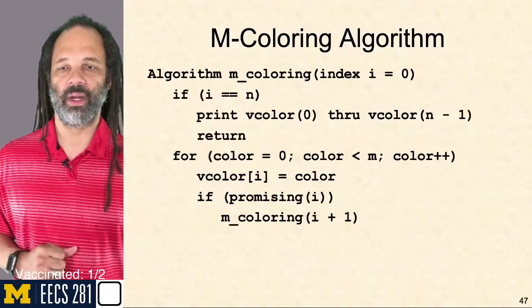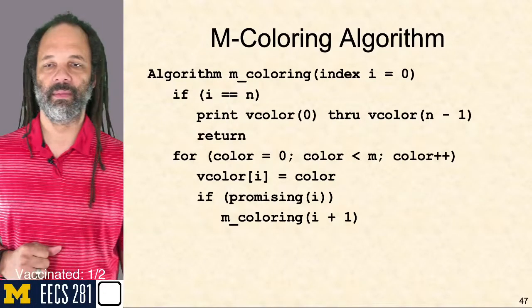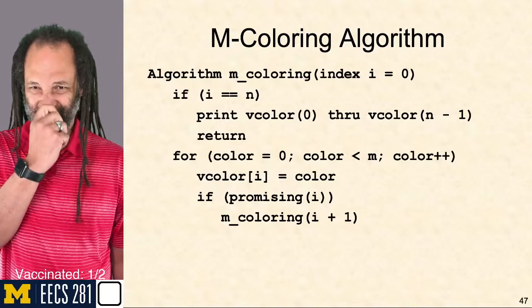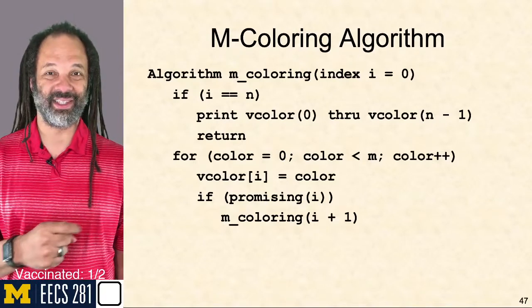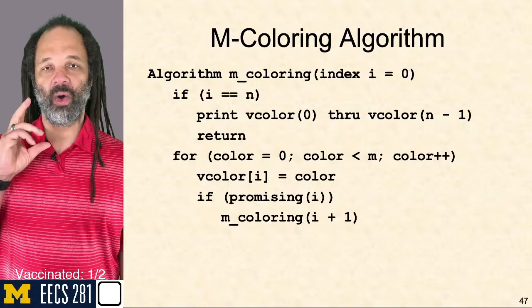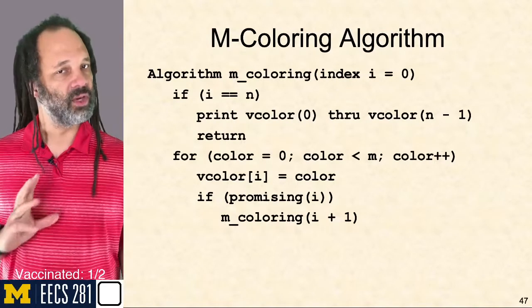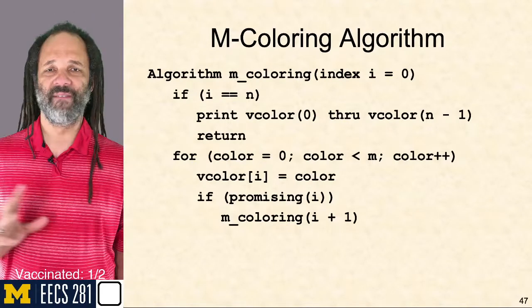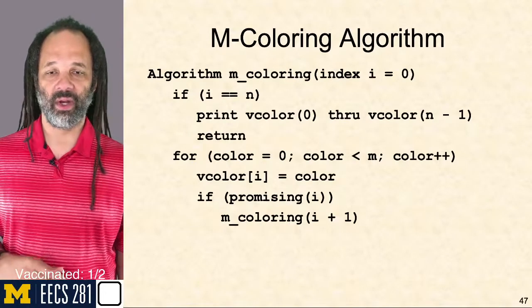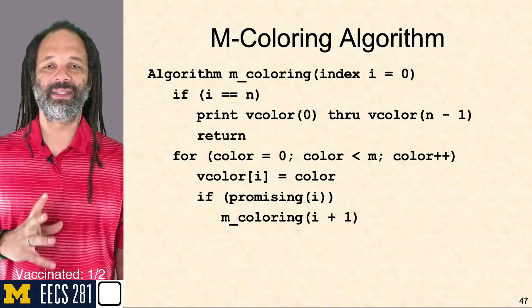Here's the pseudocode: M coloring. The last line of M coloring is a call to M coloring, so we have a recursive function. Recursive functions never work without a base case. First thing we've got to do is get out before we can recurse. So what stops us?